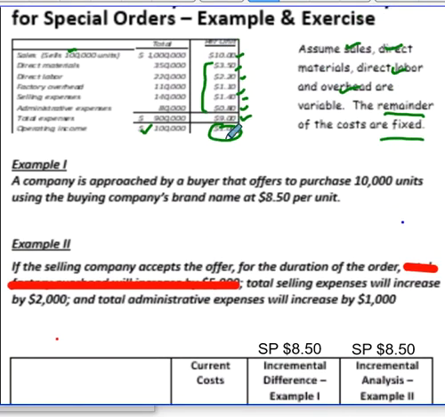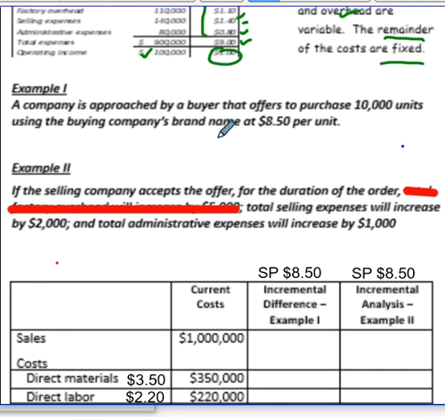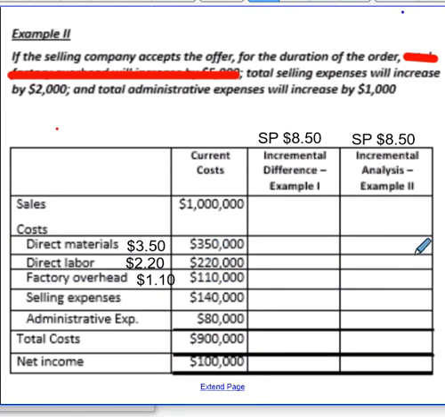This is the same income statement up here that I've reproduced down here. We start off with our $1 million of sales and end up with our net income. But as I mentioned, we now have to also think about cost behavior. Our direct materials, as I said, have a variable cost associated with them. And so the direct materials are variable, and we know the variable cost per unit is $3.50.